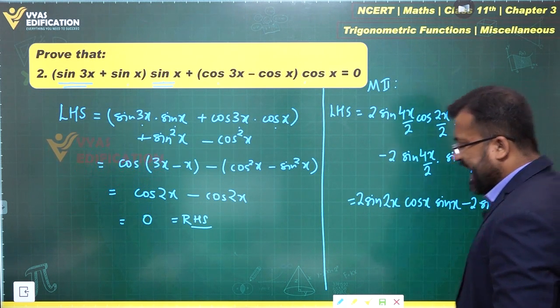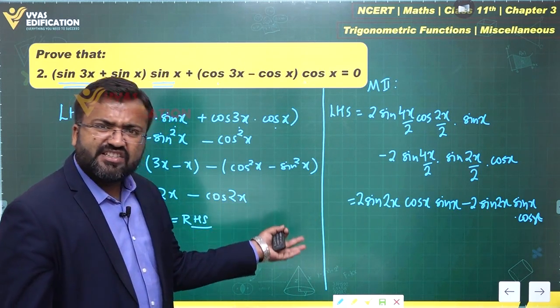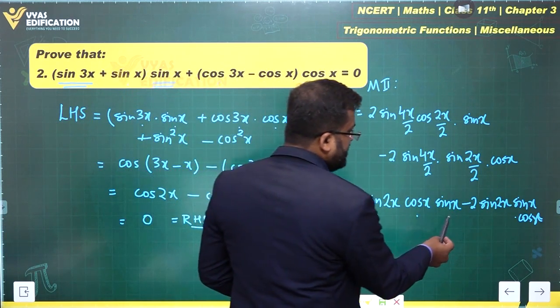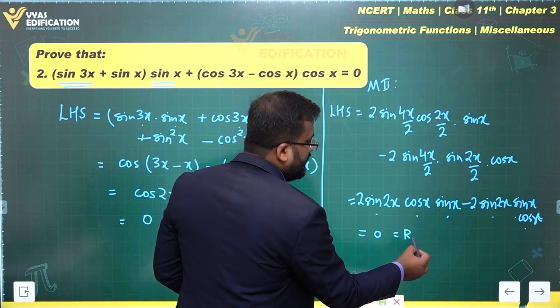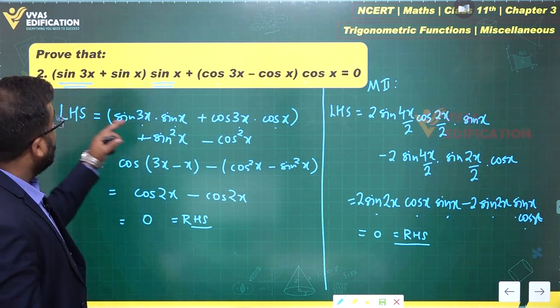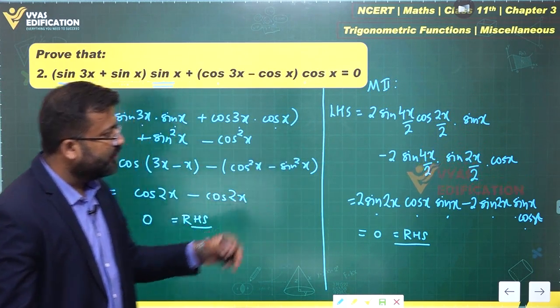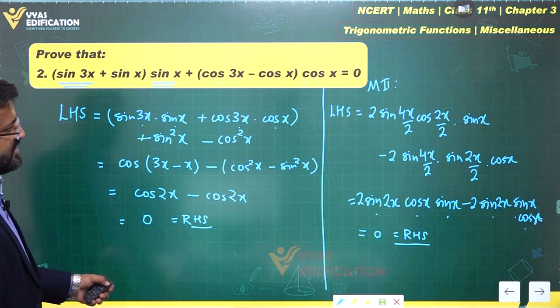Do you observe that these two terms obtained are exactly the same? There is sin 2x, cos x, sin x; sin 2x, cos x, sin x. This overall is equal to 0, which is equal to the RHS, and that's the complete proof for this question, using method 2. Let me move aside so that you can take a look at both the methods once again. And this is all in this question.